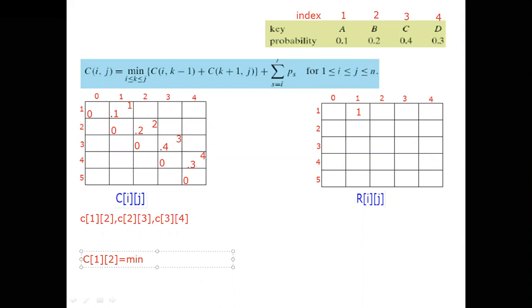Minimum of K is equal to 1, 2, bracket C of, what is the first value?